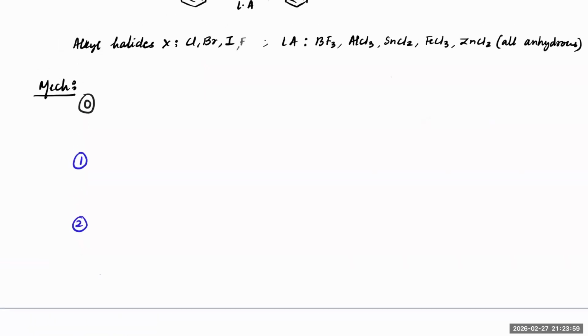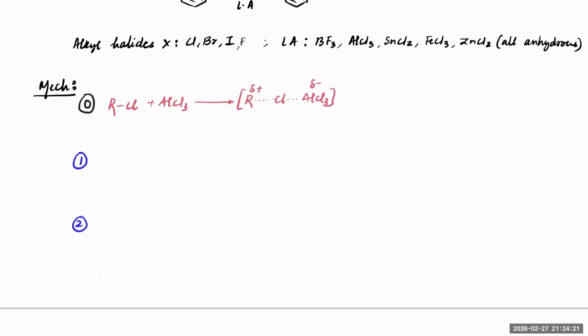So, step by step, first RCl, alkyl halide, when you treat with AlCl3, that will convert into R with Cl and AlCl3, this gaining delta negative charge and this gaining delta positive charge.